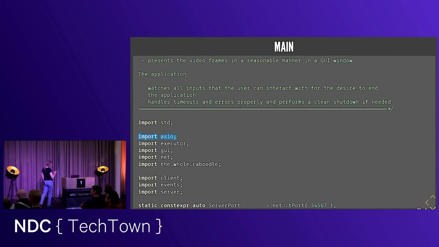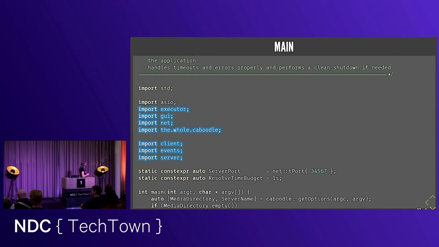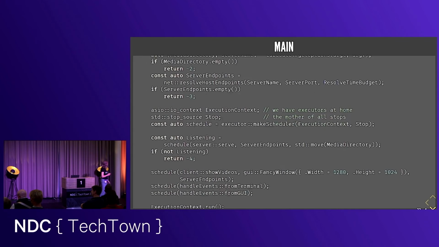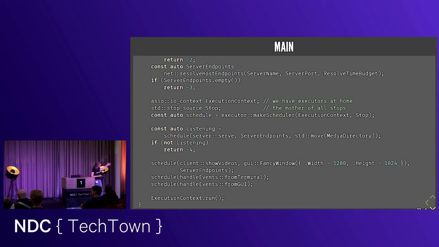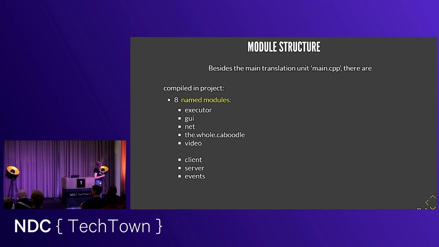I use ASIO as a module, as seen before. In the demo code itself, I have 7 imports from modules of the demo code, and I'm using them throughout the main function of the demo code. And this is the only non-modularized source code in the whole demo. So the module structure of the whole demo is 8 named modules within the project here.